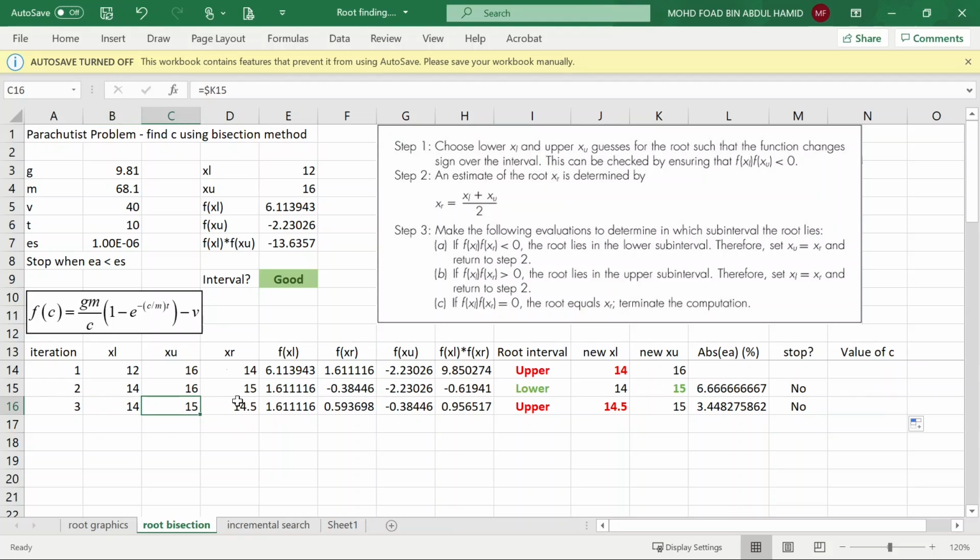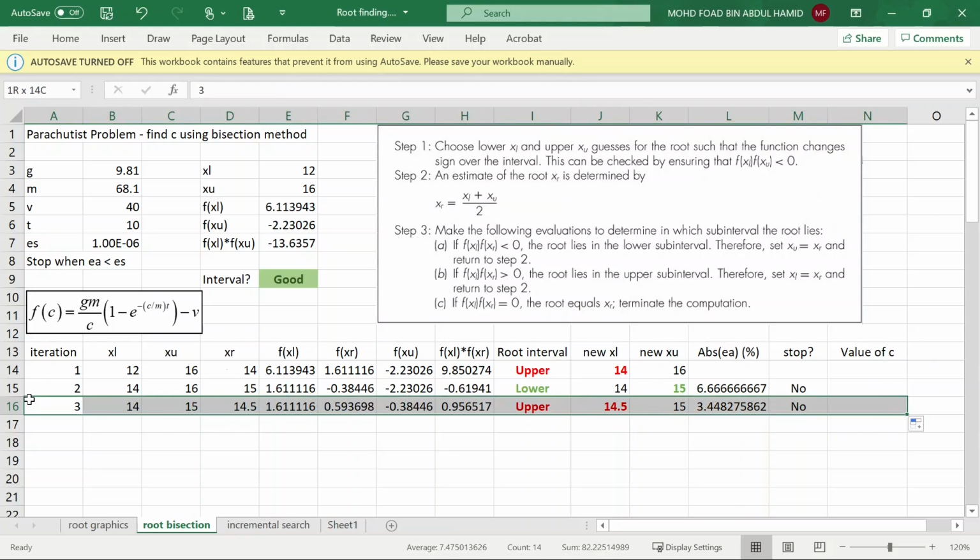So XR is 14.5, and we know that the root is in the upper interval, so we change the limit. All right, so now let's try and do this until we get the required accuracy or precision. Let's try maybe a few iterations in one go.